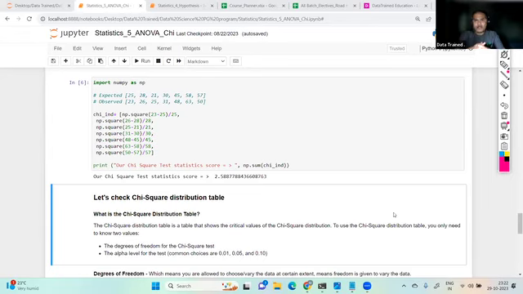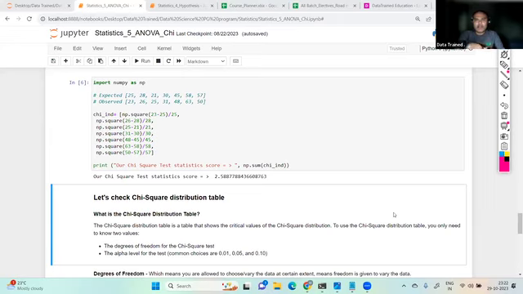Honestly, you have to revise this. The more you revise, the more things will get clear. You have a week of time.